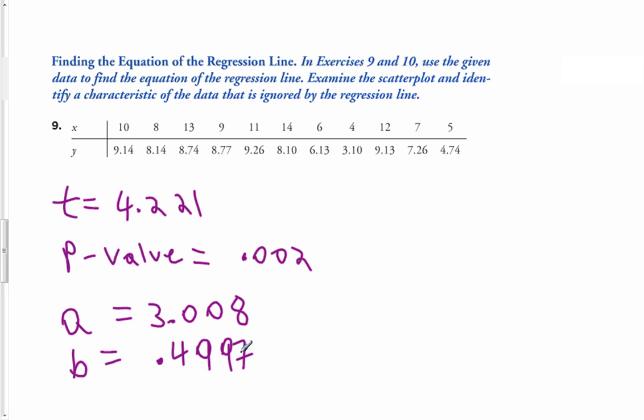So we get a and b. We also get a value for r. We get r to be 0.815.